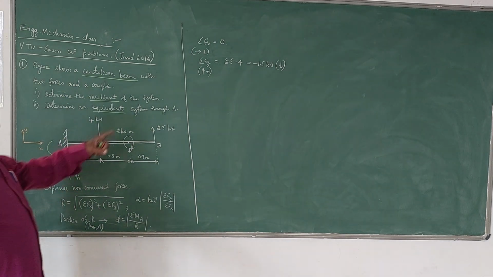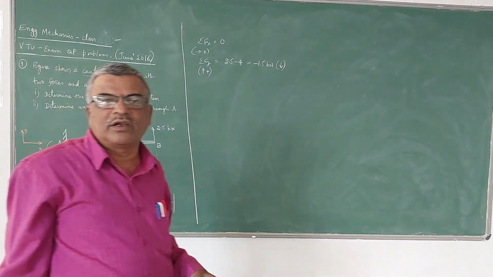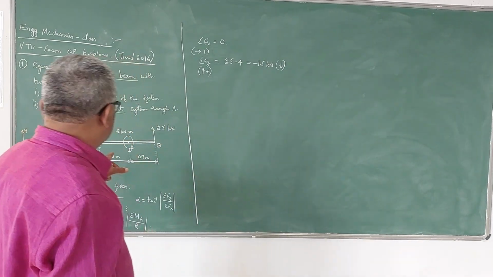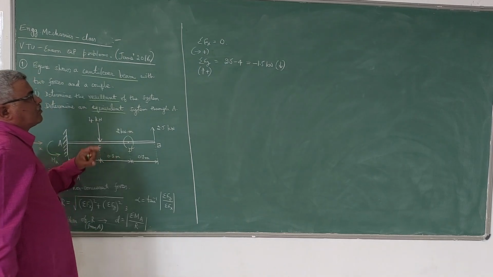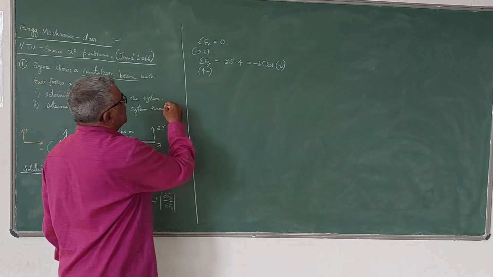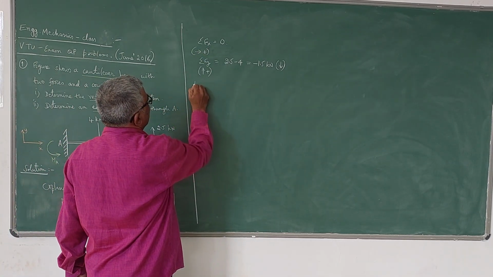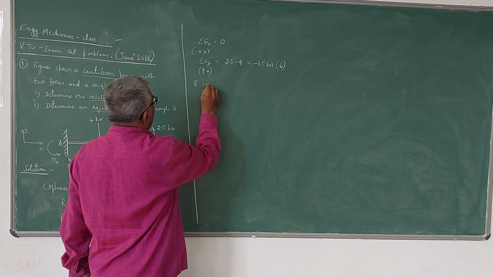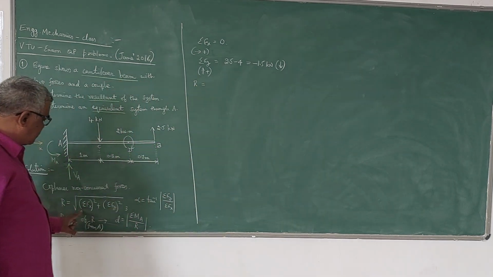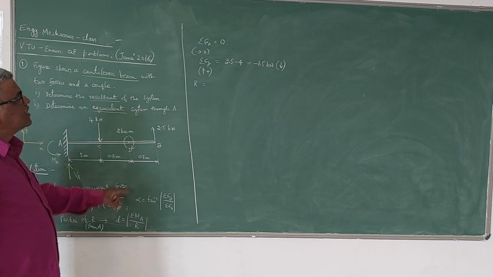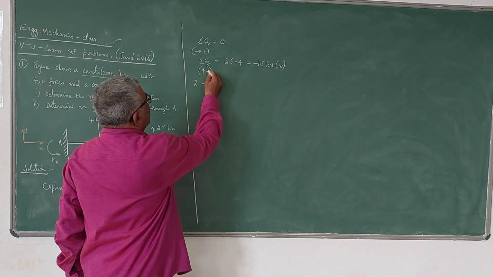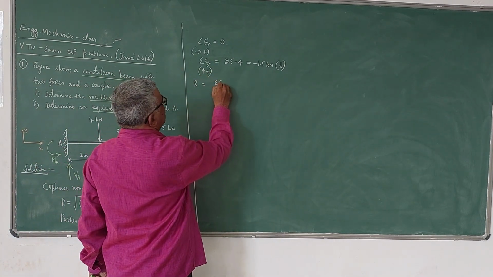When you are calculating sigma Fx and sigma Fy, you need not take the external moment of the couple given on the beam. Now you can find out the resultant now. R is found according to this formula, square root of sigma Fx square plus sigma Fy square. Since sigma Fx is 0, R will be equal to sigma Fy only.